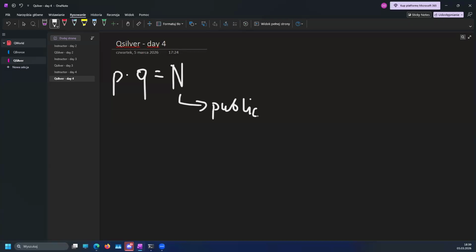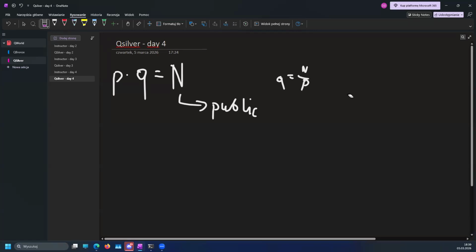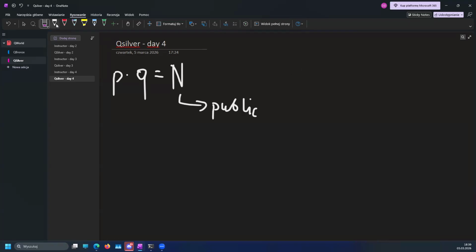To break the encryption, we need to guess P and Q. Basically, if we guess one of them, then guessing the other one is pretty trivial. For example, if you guess P, then Q will be equal to N divided by P. But this is only a side note. In general, if you are given only N, finding P and Q is an extremely hard task.